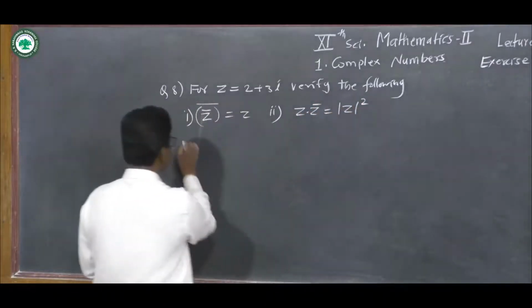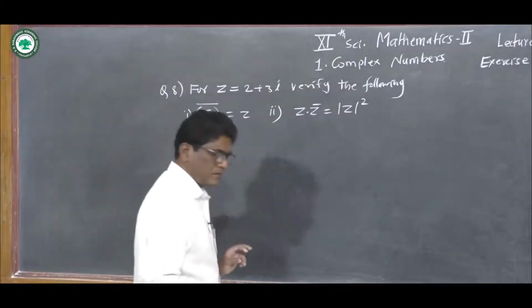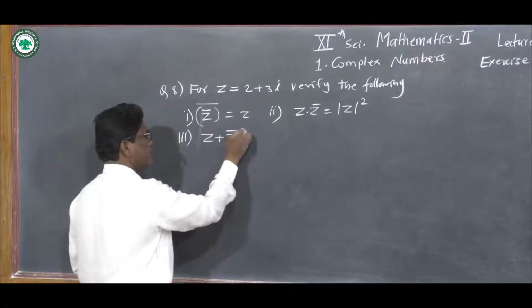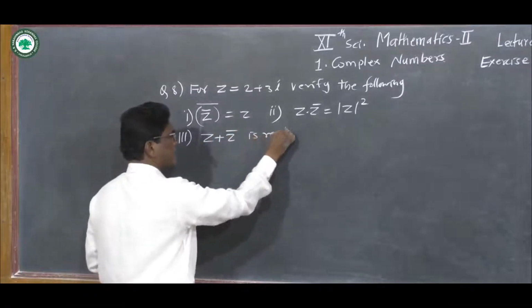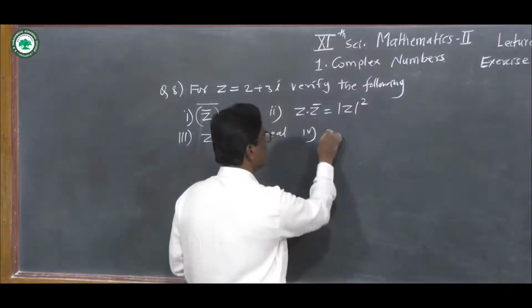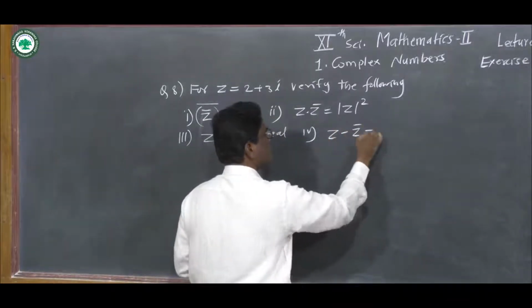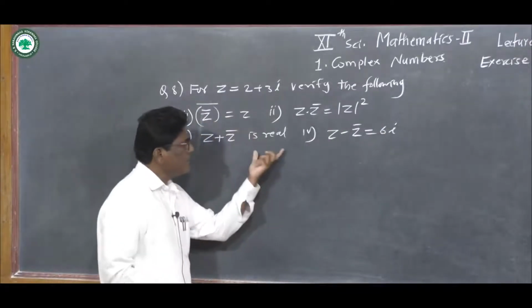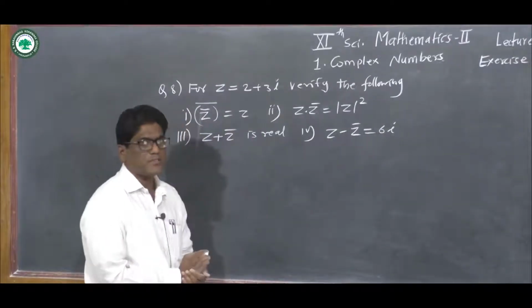Third one, Z plus Z bar is real. And fourth one, Z minus Z bar is equal to 6i, an imaginary number. Their addition is real and their subtraction is an imaginary number.